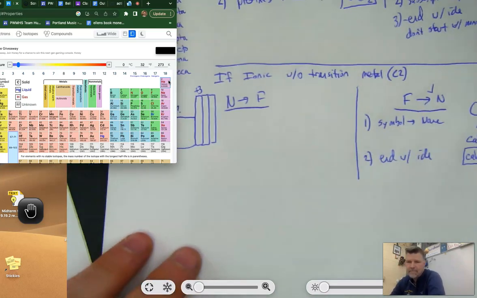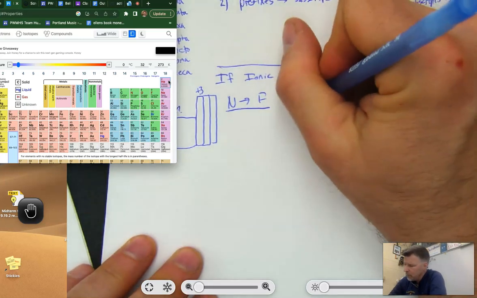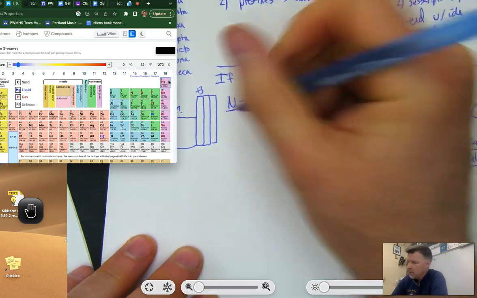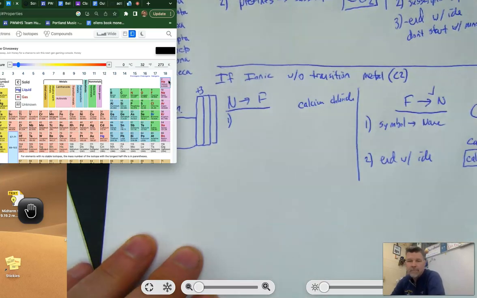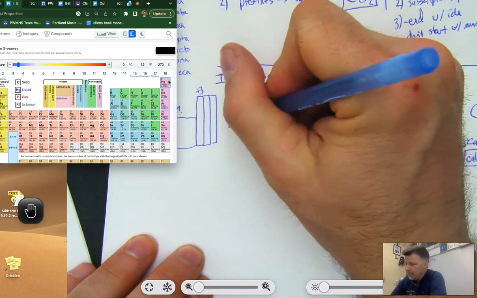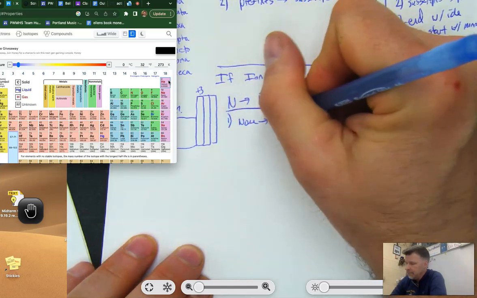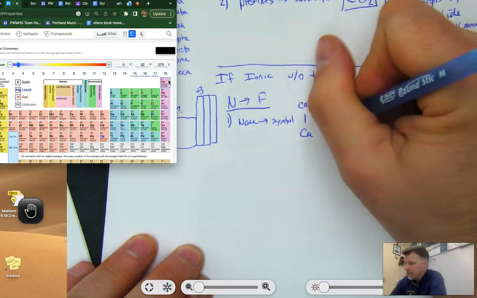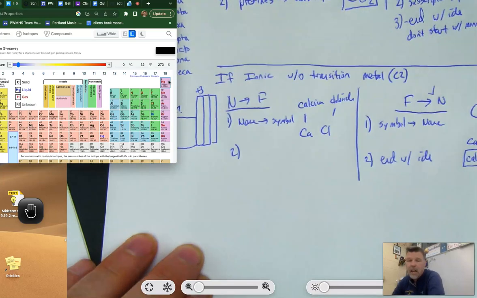So how do we go the other way? Name to formula. If we start off with calcium chloride, how do we know how to do it? All right, step 1, should be familiar by now. Name to symbol. So Ca, Cl. Number 2, how do we know what these guys are going to be?